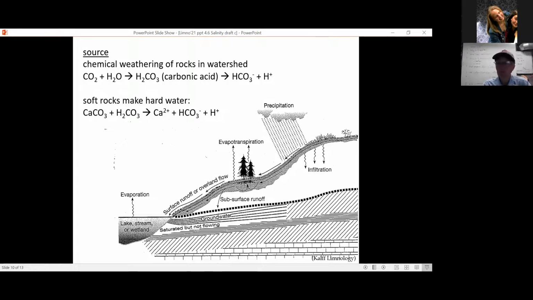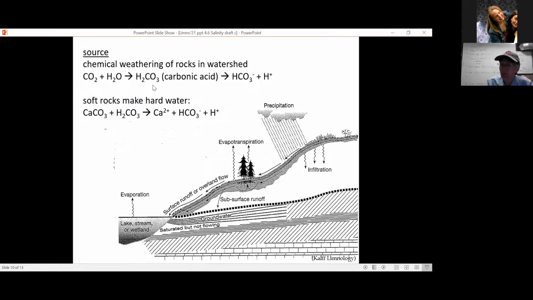We're talking primarily about sedimentary rock. And the way that chemical weathering works, in brief, is you take carbon dioxide in the atmosphere, you mix it with water, and you get a concentration of carbonic acid.